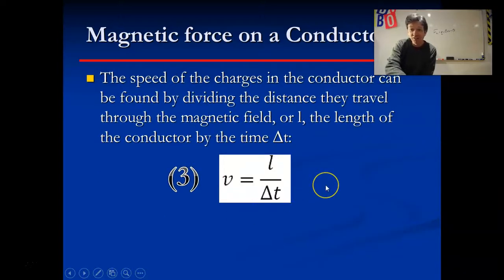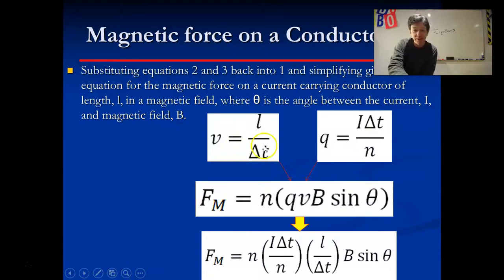What we can also do is look at the basic definition of speed and say speed is just distance over time. Now, if it's a wire and you have a charged particle moving through that wire, well, then distance is just the length of the wire divided by the time it takes to go. Now, these two equations, 2 and 3, I can put back into our original equation.